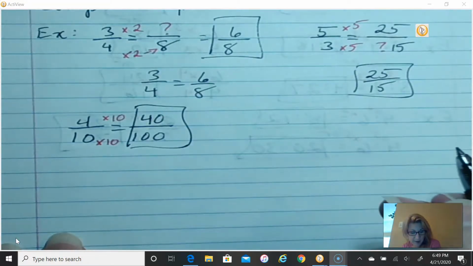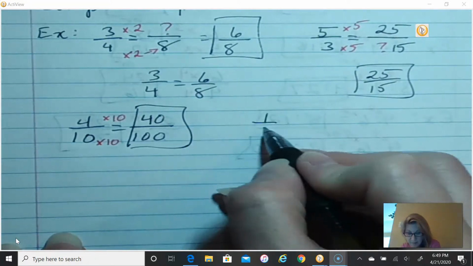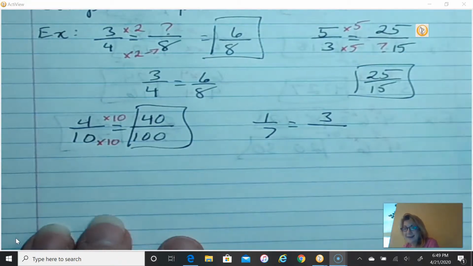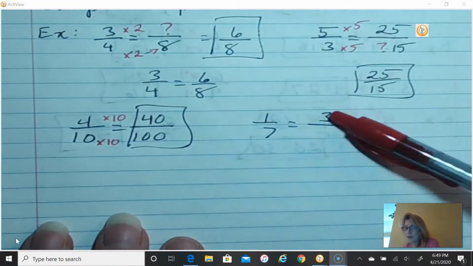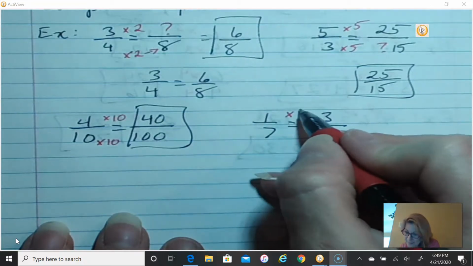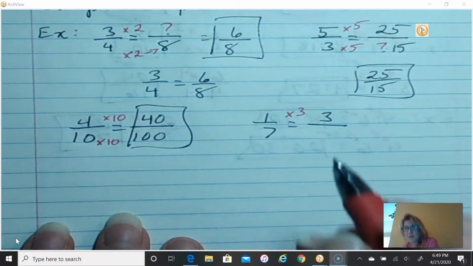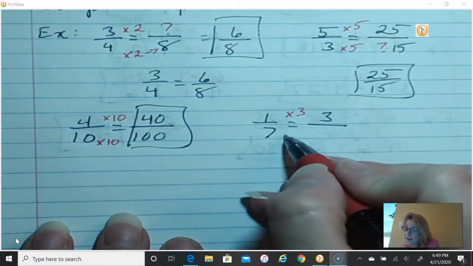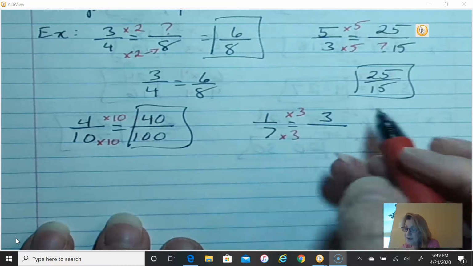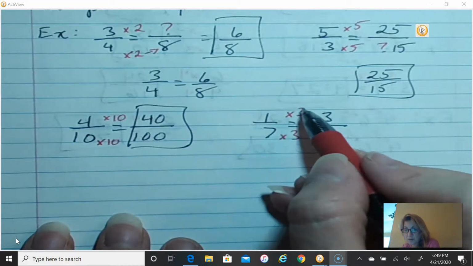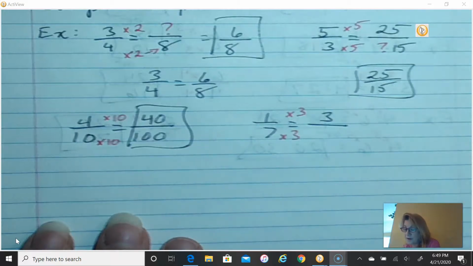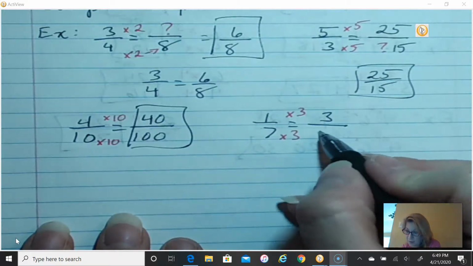Let's see. One more. All right, Ted, 1 times what gives me 3? Very good. 1 times 3 gives me 3. So Etta, 7 times what? 3. So if we are doing multiplication of 3 on top, we do it on the bottom too. 1 times 3 is 3. 7 times 3 is, that's right, 21.